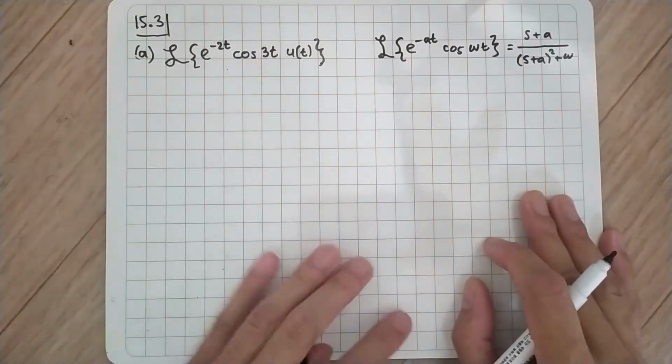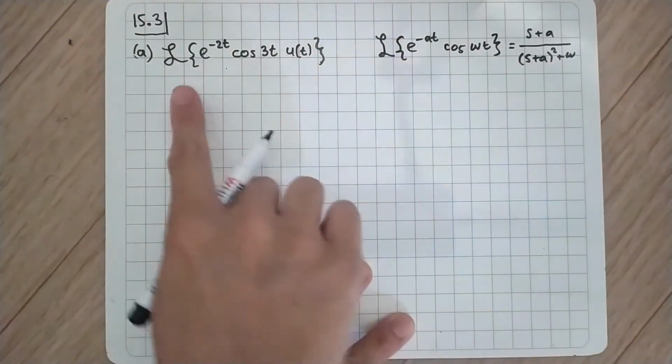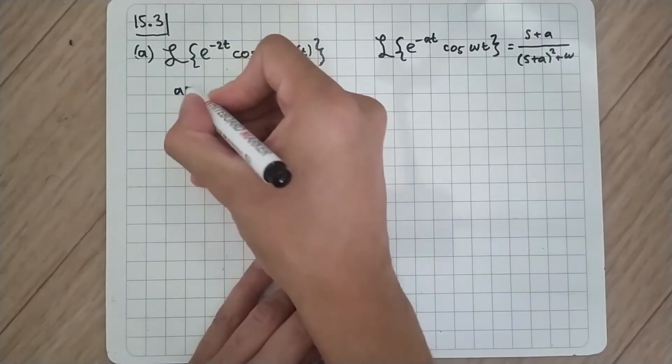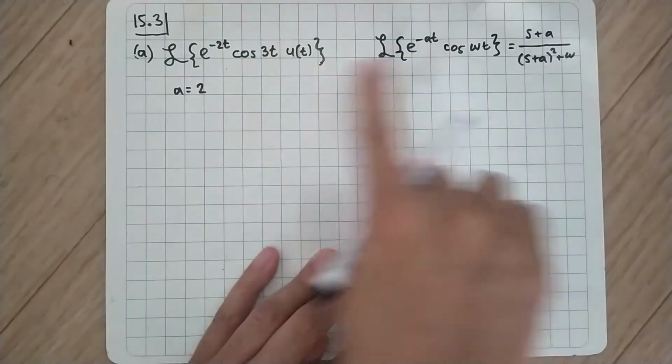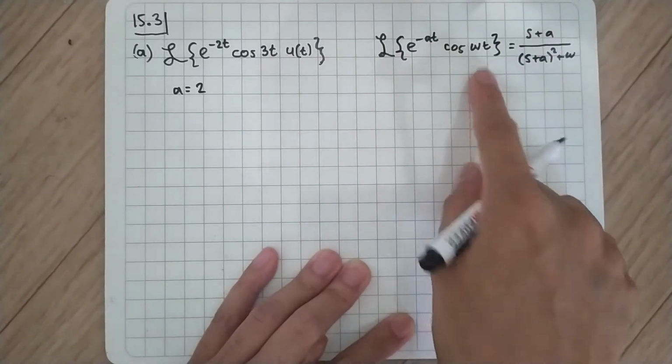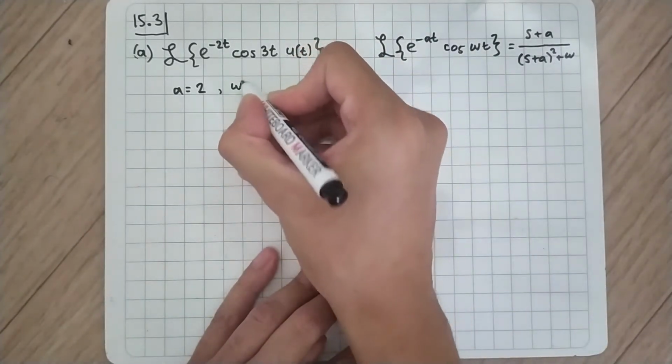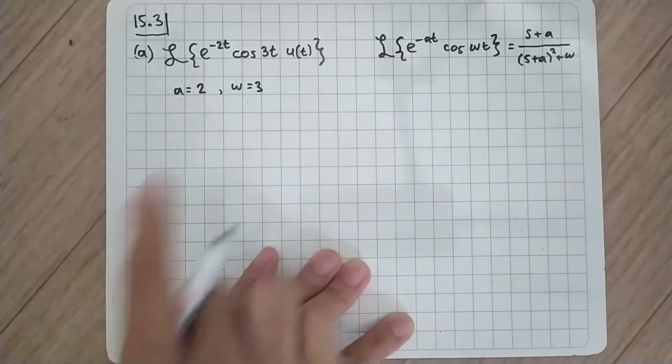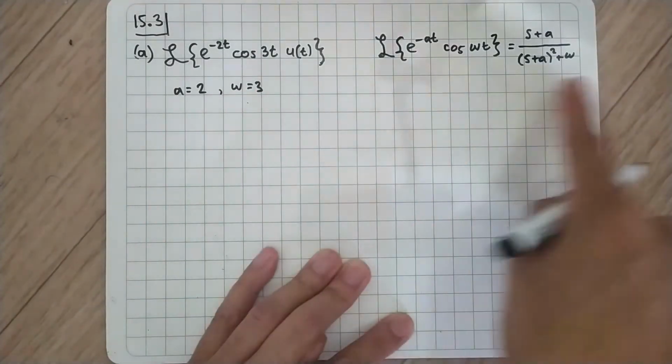So here we have this, and the value of a, so a is 2 from here, and 3t, the omega is 3. Okay, we will have omega is 3, and what we do is we just plug a and omega into this one.